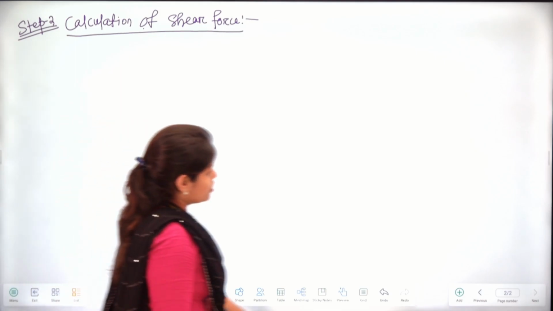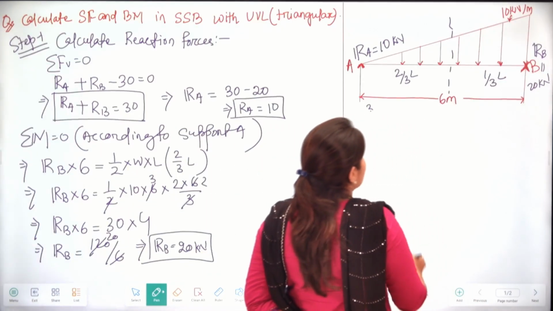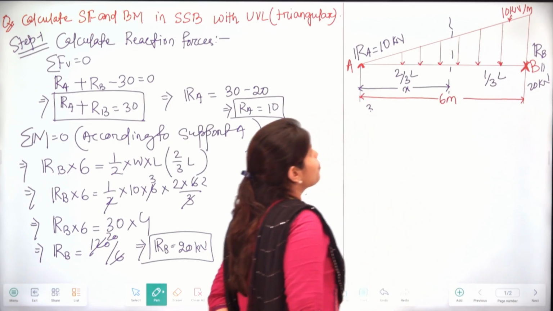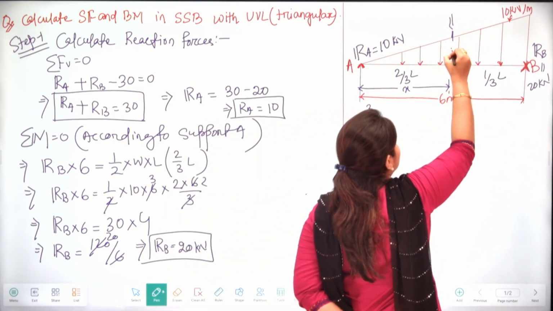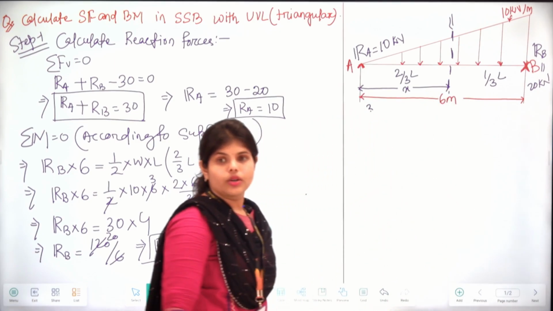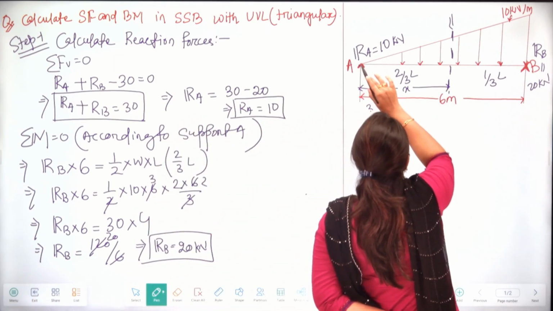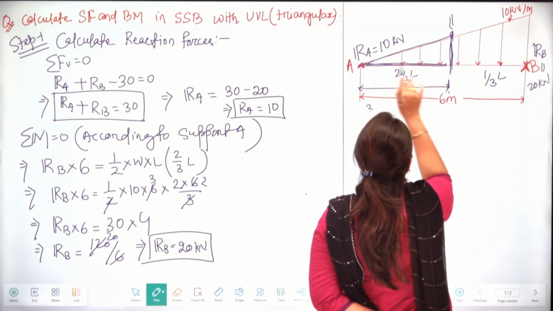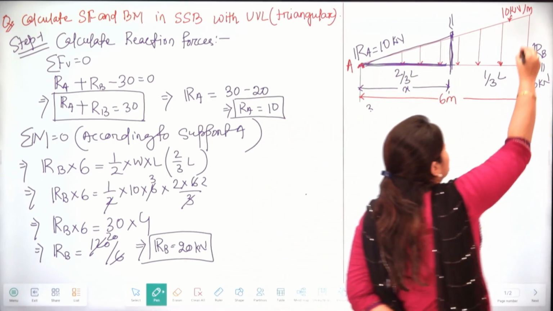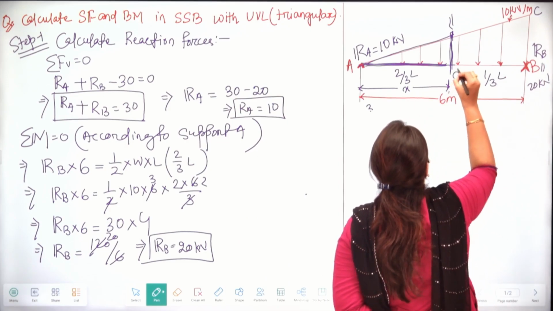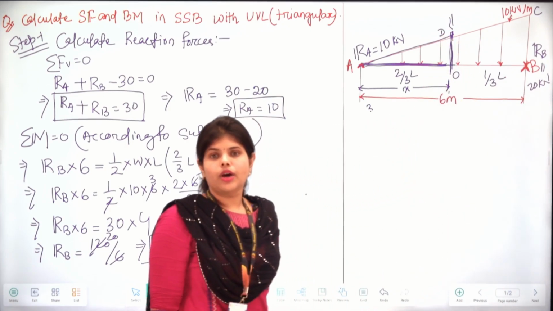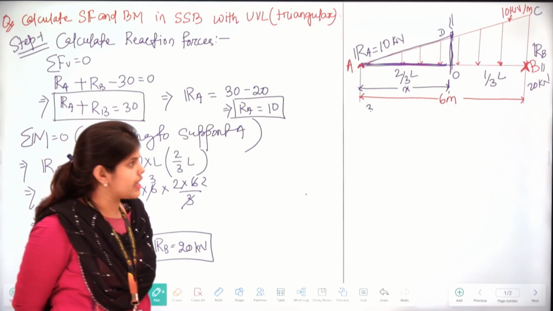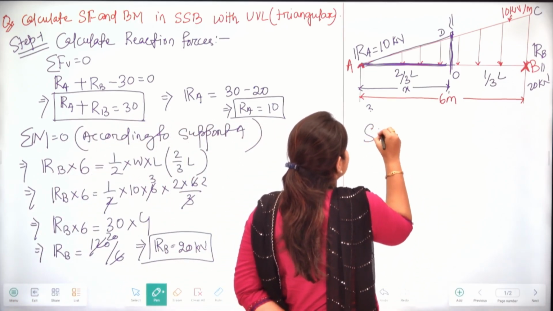While calculating shear force, we will calculate it at a distance x from support A. The load at this point: you can see we have two triangles, let's name them ABC and AOD. As the slope of the triangle is the same, we can apply the similar triangle rule.